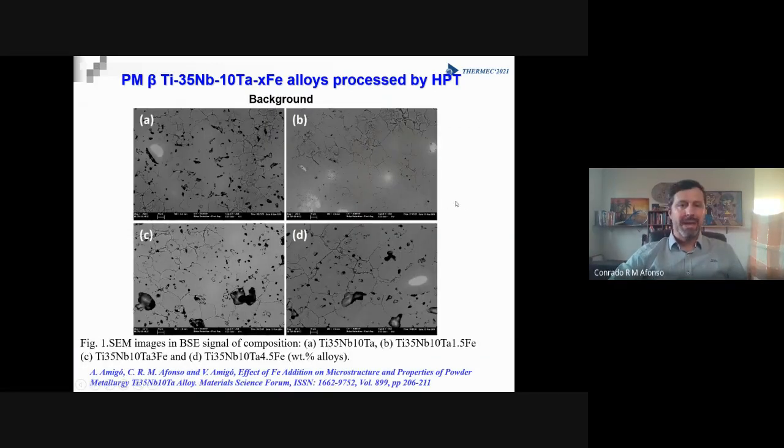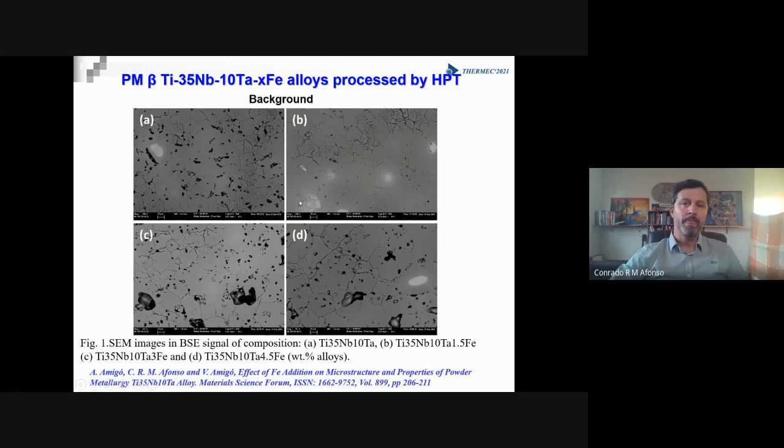Here are the SEM images in backscatter mode of the different alloys that we studied in this work: titanium niobium tantalum alloy, and 3 different additions of iron, 1.5, 3, and 4.5 weight % iron. We can see some niobium, those white spots, which are not completely dissolved in the microstructure during the sintering step.